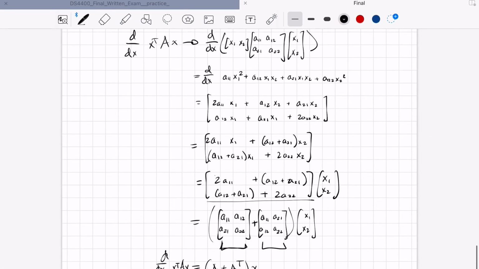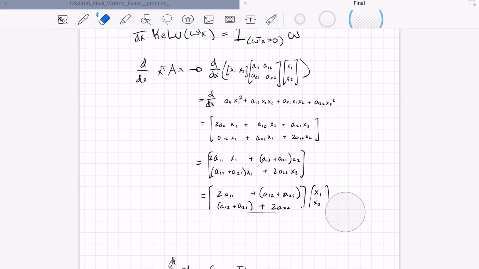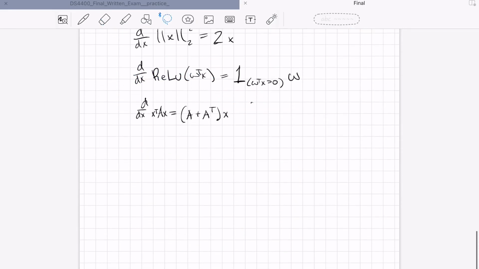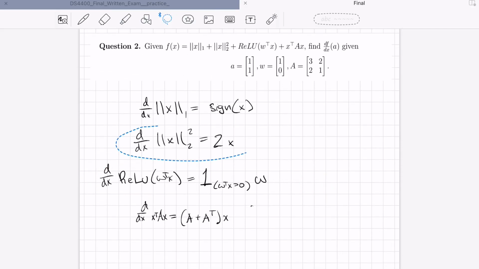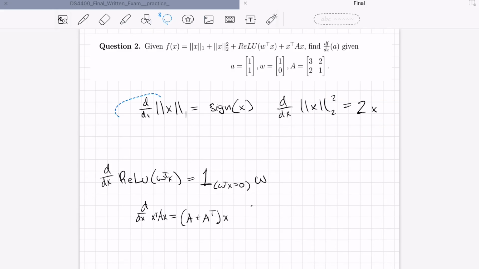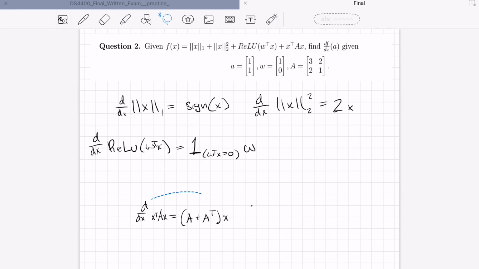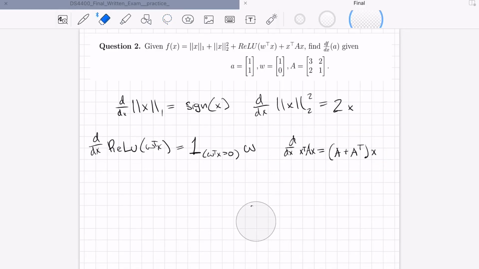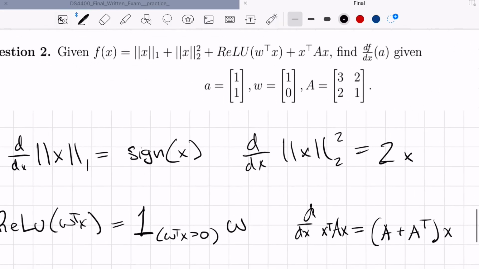The last steps I kind of mumbled through, but with this in mind, we now have our three derivatives. So I'm going to just move this up here. Now that we have all our derivatives, let's simplify our equation.